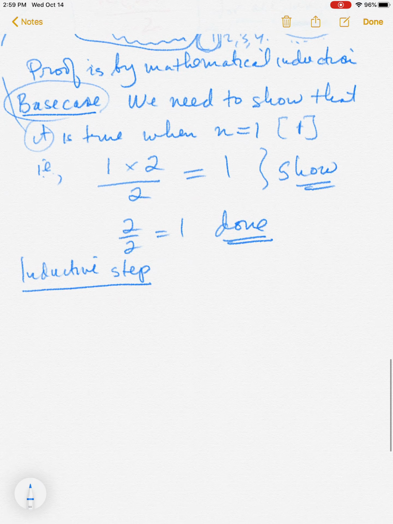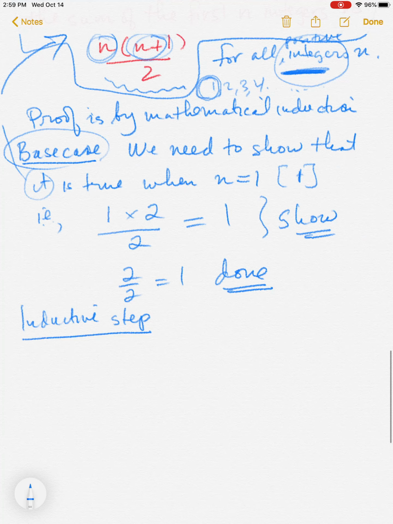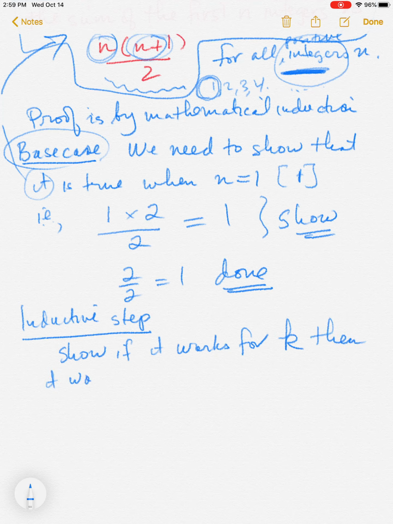So we want to show that if it works for some number k, some positive integer k, then it works for k plus 1, right?